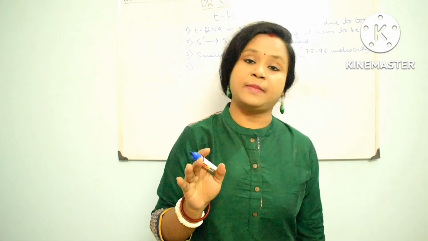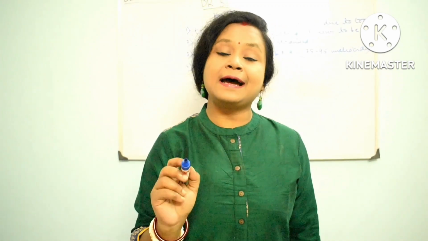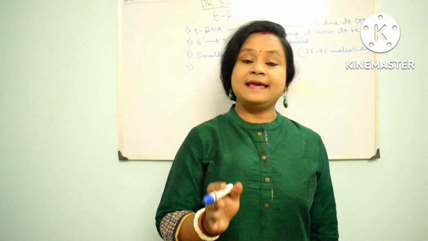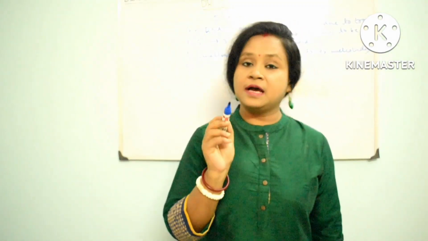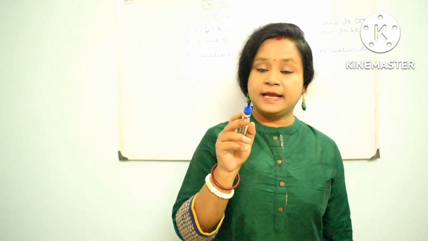So there are 20 amino acids, and for these 20 amino acids 20 tRNAs are required, because each amino acid is carried by a specific tRNA of that amino acid. So let's have a look.